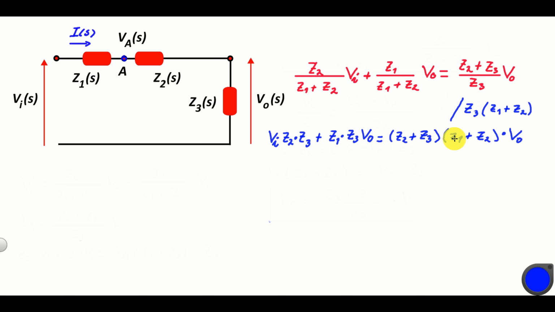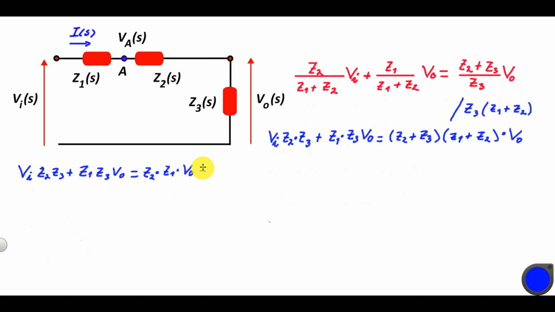Let us further massage this equation. The left-hand side for the time being will stay as it is. That is, we will have these two terms. Then let me write them down nicely. And let's start multiplying everything on the right-hand side. So we will have Z2 multiplying Z1 multiplying VO.